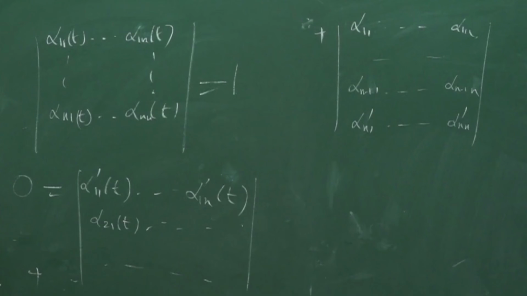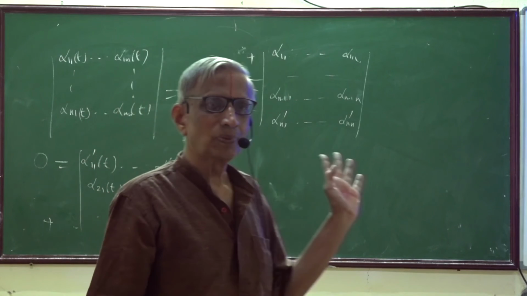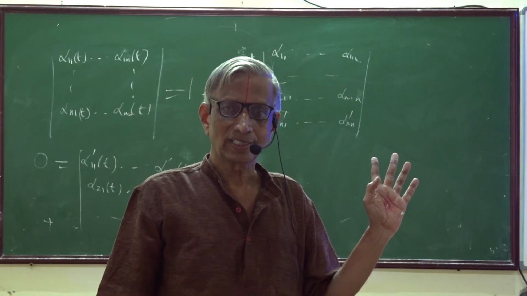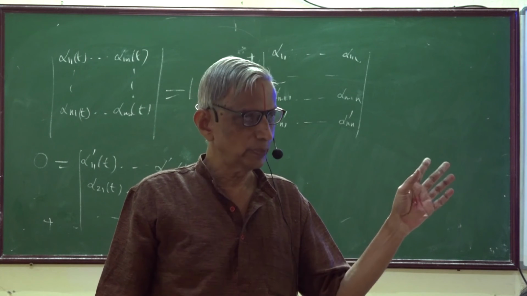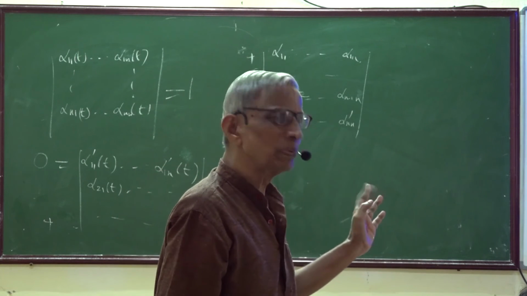So this is going to be the sum of n determinants got by differentiating one row at a time.